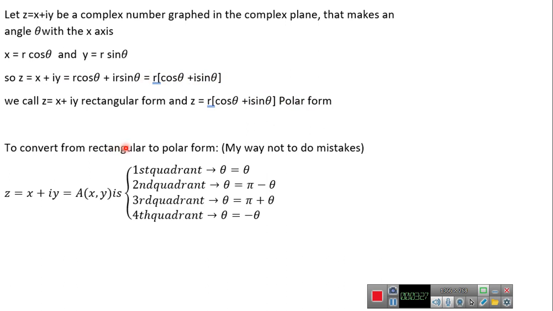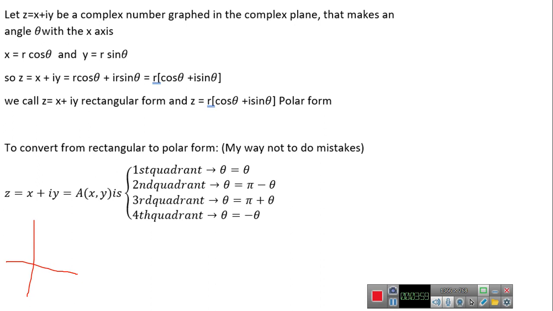To convert from rectangular to polar form, not to make any mistake, always in the first quadrant, if a plus ib is in the first quadrant, the angle you're going to get is in the first quadrant. Suppose x is negative, we are talking here in the complex plane.